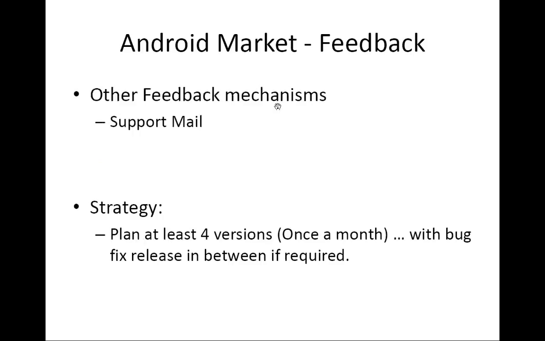Beyond that, the other feedback mechanism that is available is support mail, and we get a lot of mails there also. Generally on the marketplace, I don't have too much in terms of strategy because there are a lot of things that we are figuring out, but I would recommend that whenever you put out an application, you should plan at least 3 or 4 versions around it, and each version should be spaced out at about a month so that you get time to get a lot of input from people and collect a lot more data.